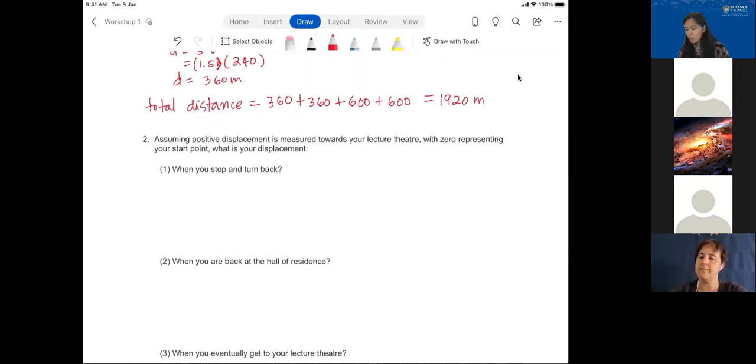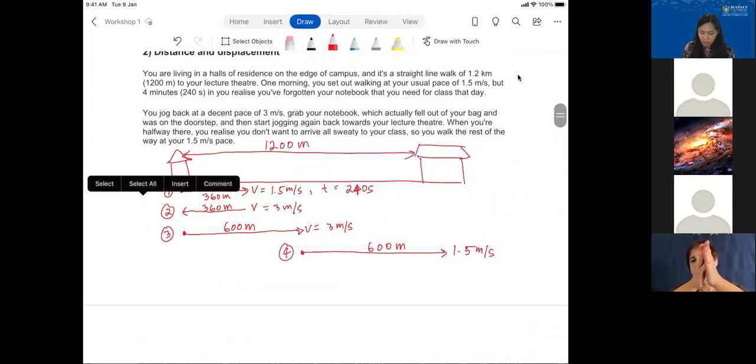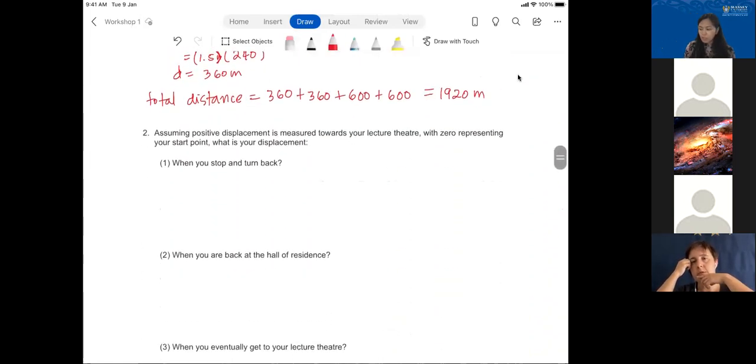So when you stop and turn back, so it's this first segment here, which we already worked out. Because you're walking along a straight line, your displacement will be equal to your distance. As we can see here also in the drawing, you are 360 meters away from your halls of residence at the instant when you realize you forgot your notebook.